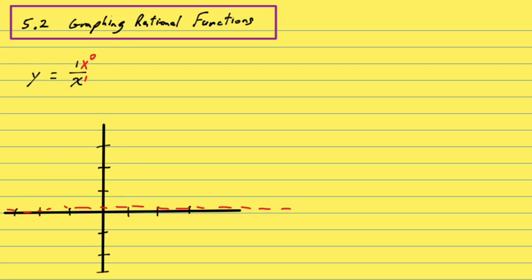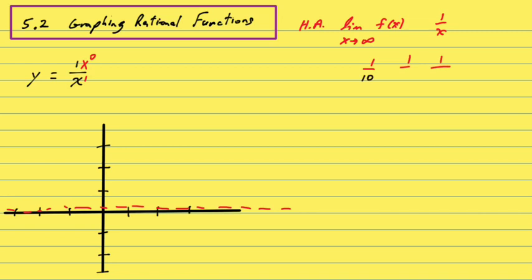It's difficult to teach horizontal asymptotes in algebra because we haven't taught you limits yet. Technically, a horizontal asymptote is found by doing the limit of your function as x approaches infinity. Well, my function was 1 over x, so give me a number close to infinity. Well, how about 10?